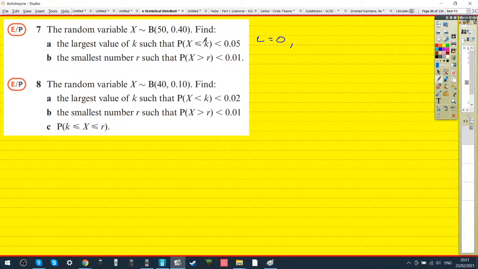It's 13. So that one is 13. So K is 13. And so how do you go about B? So for B, did we do what we just did, but with them flipped around? Yeah. So the lower would be 50.